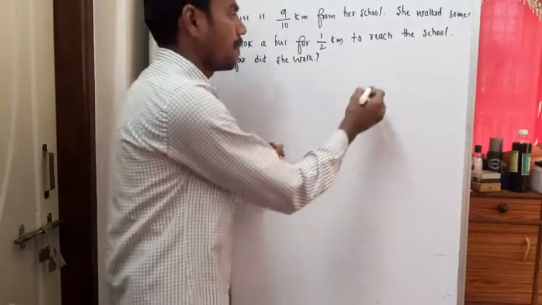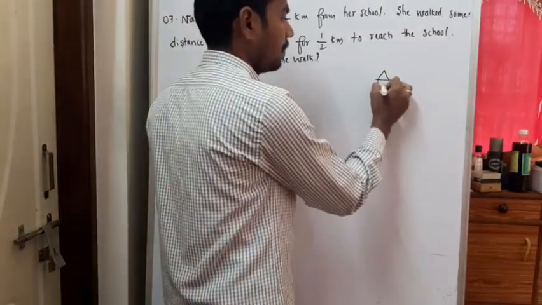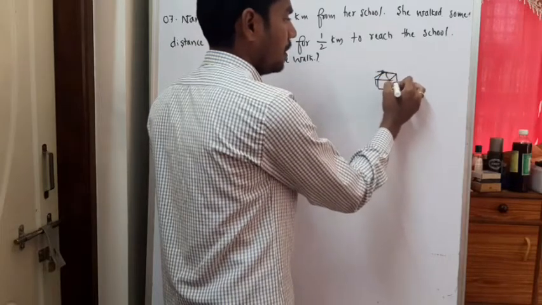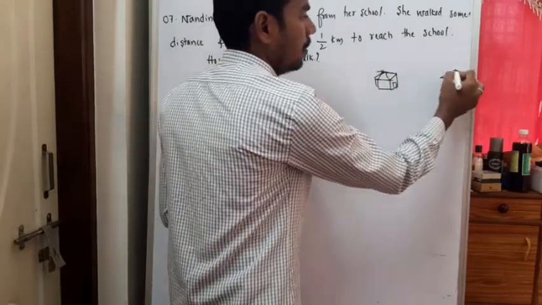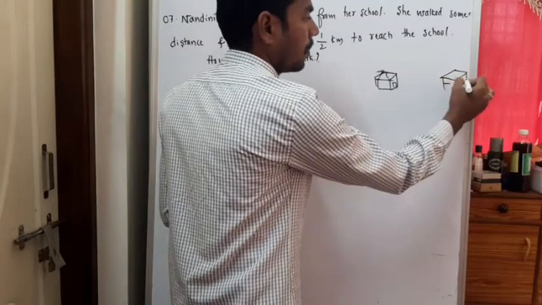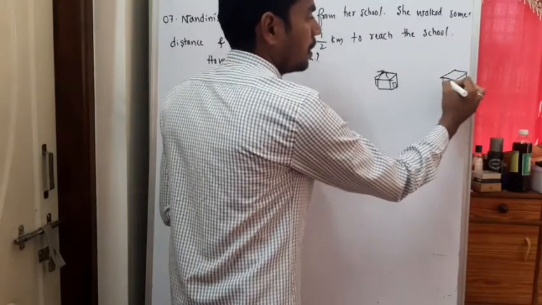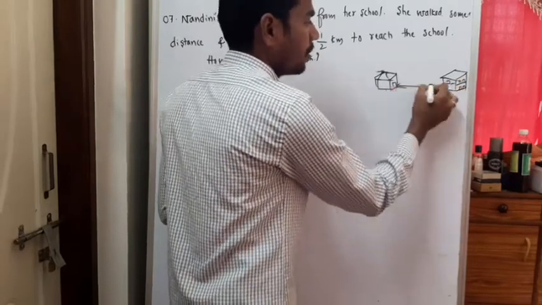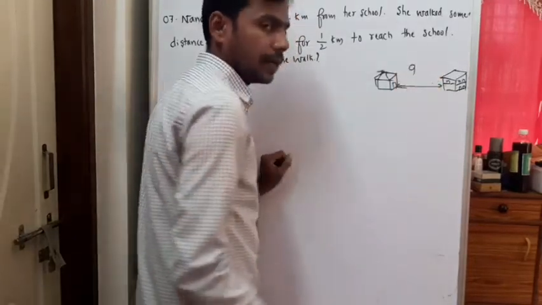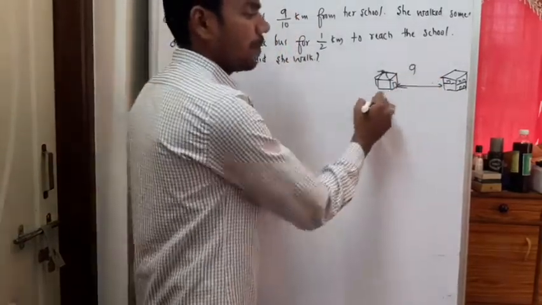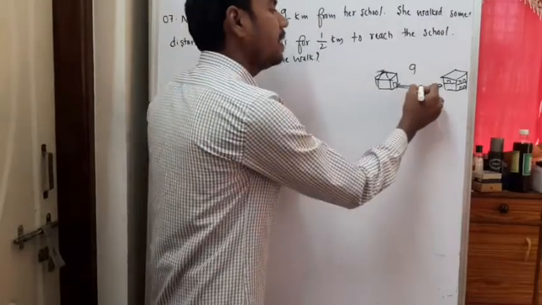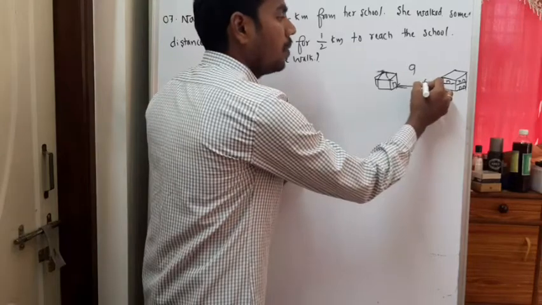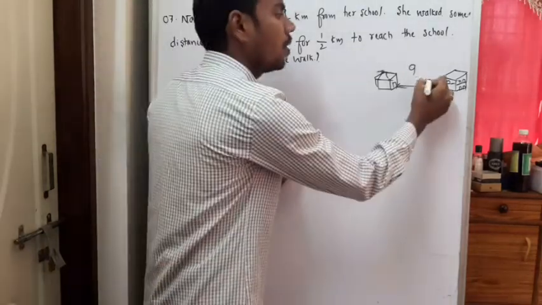See, suppose this is your home, and this is your school, and the distance between home and the school is 9 kilometer. You started from your home, and after reaching a certain distance, from here you took an auto, which is 4 kilometer.